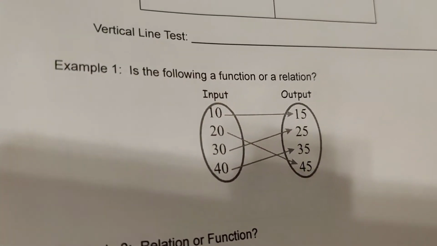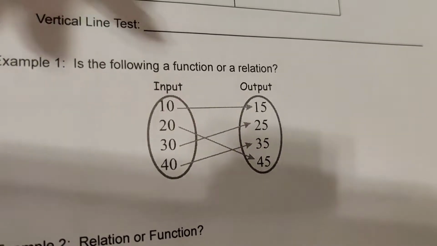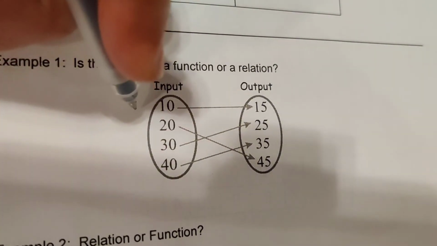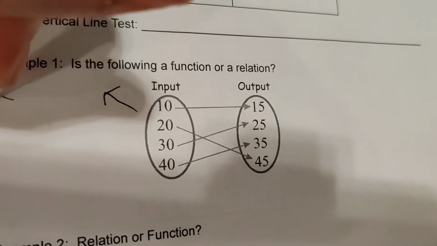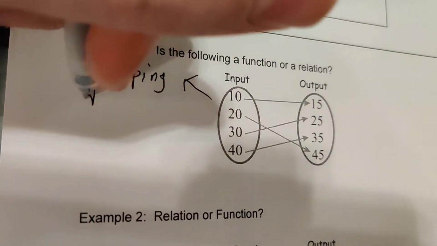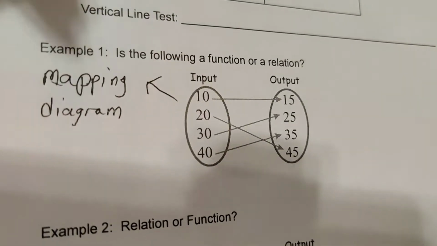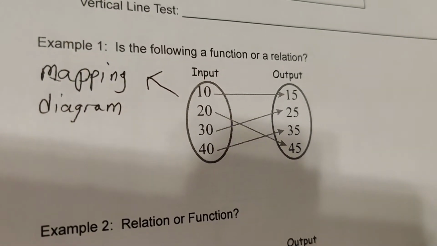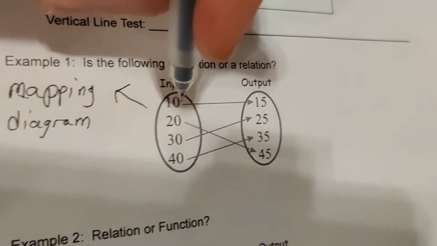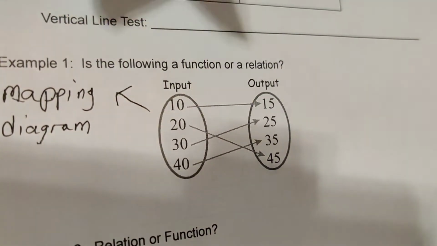Is the following a function or a relation, all right? So we have this thing called a mapping diagram, okay? And this is just, as the name would imply, a map that tells you what every input gives you in terms of an output, okay?